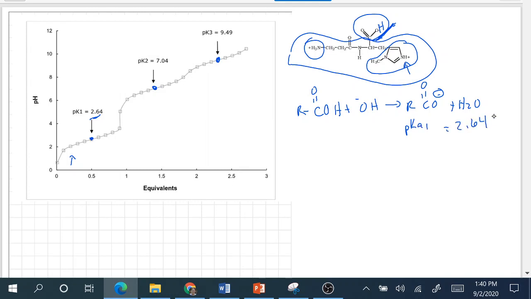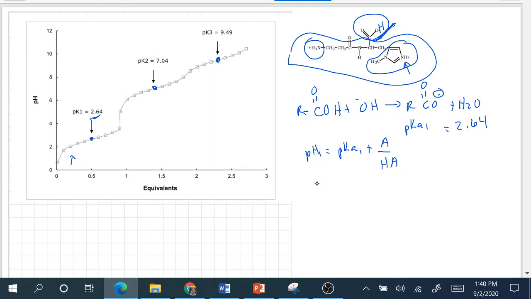So at 2.64, half of the carboxylate group will be deprotonated. So remember, the Henderson-Hasselbalch equation: the pH is equal to the pKa plus the log of the concentration of A minus over HA. And that's pKa1, and that pKa is 2.64.